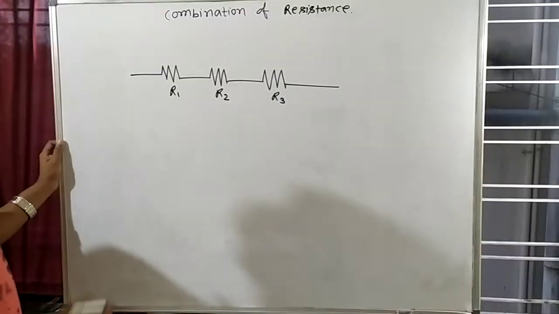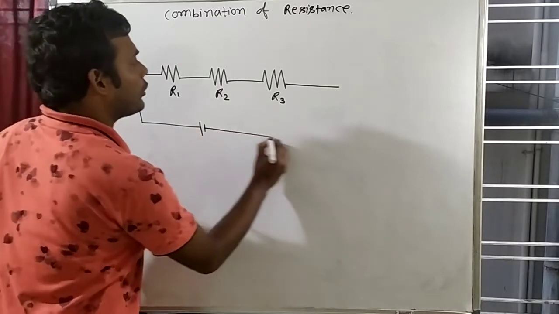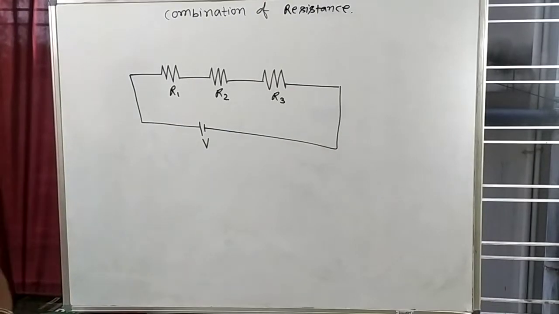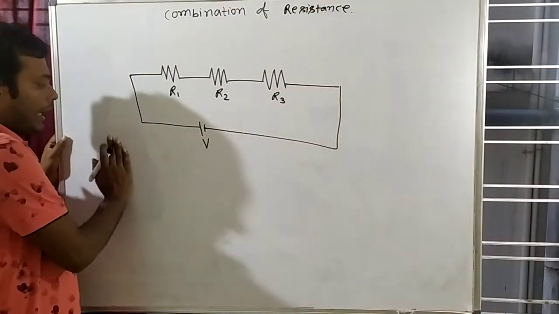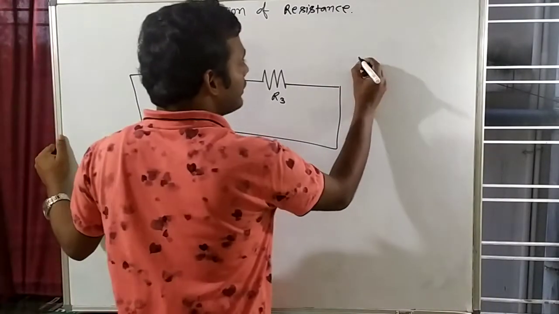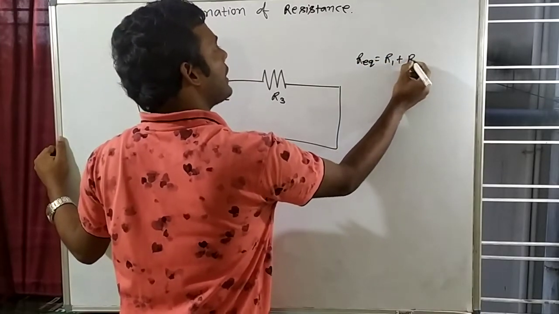If the potential difference given here is V, then I have to derive that R equivalent is equal to R1 plus R2 plus R3.